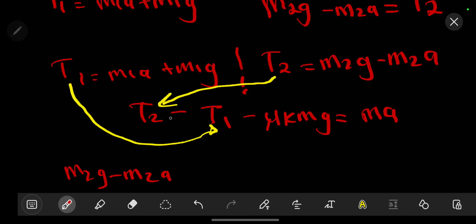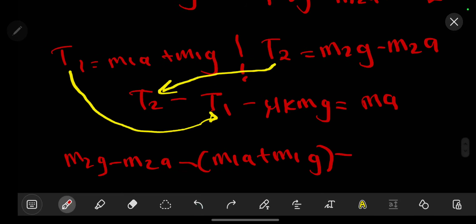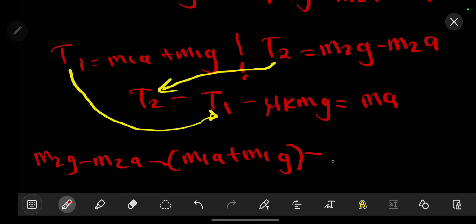So that's our T2, we have used it here. You have minus, then where there's T1, you're going to put whatever is here, which is our M1A plus our M1G, which should be equal to, not equal to, but minus mu K mg should be equal to our ma, like that.